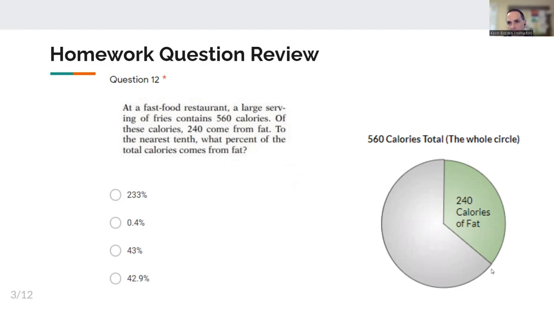And the green portion of the pie is the amount from fat. So you might guess from there that the answer might be about 30 or 40%, about a third of maybe the whole pie or more. And sure enough, that's what our answer was, right in that ballpark.